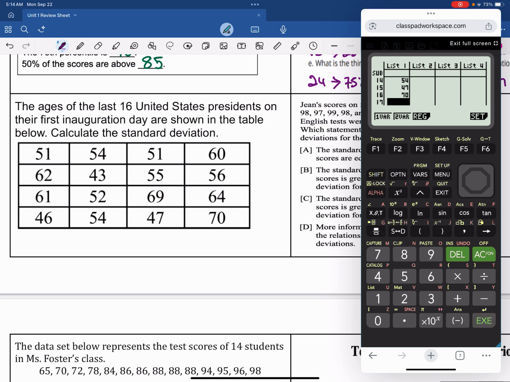Alright, and then you want to hit exit, exit, exit, hit F2 for calc, F1 for one variable statistics, and we're looking for standard deviation.